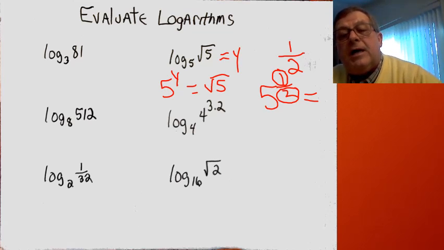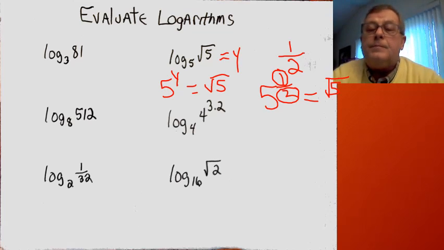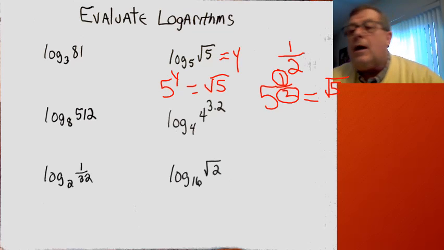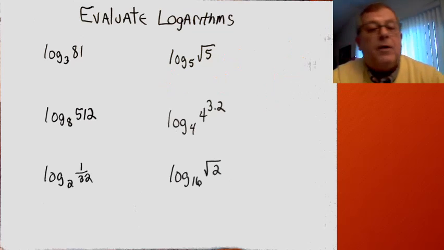And so in this case, 5 to the 1/2 is equal to the square root of 5. Okay, that's a little bit more complicated, but it's still not too bad.